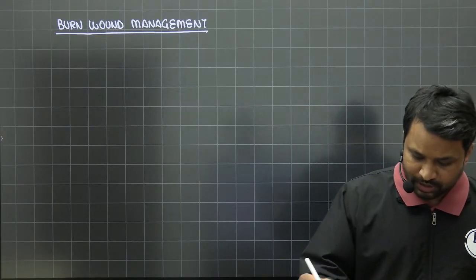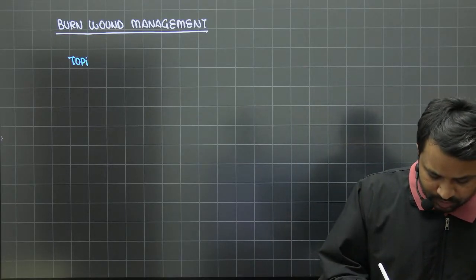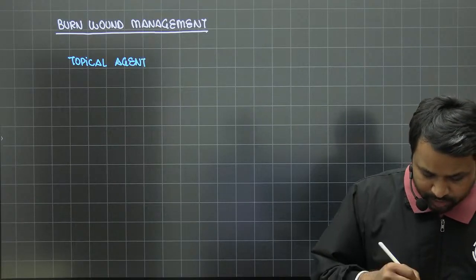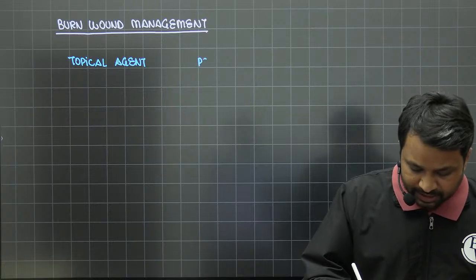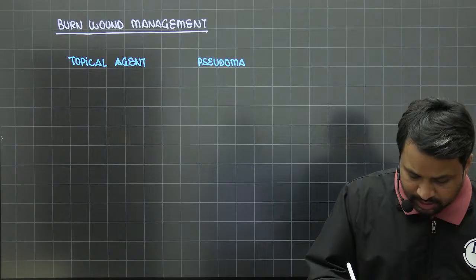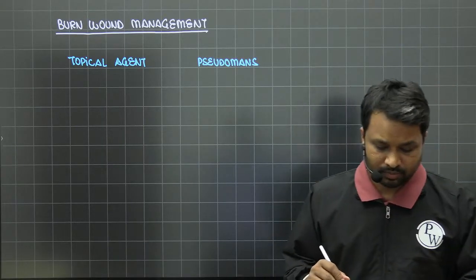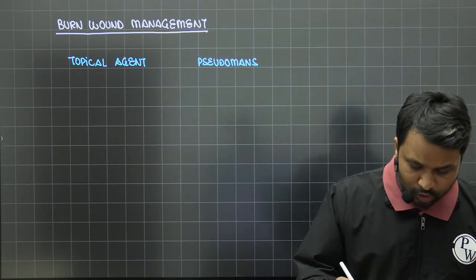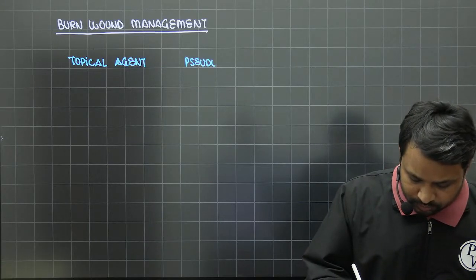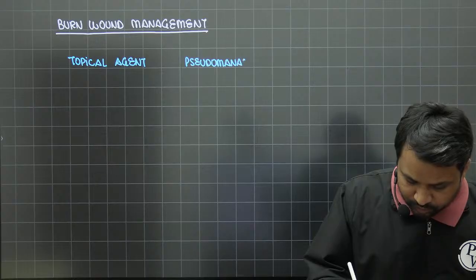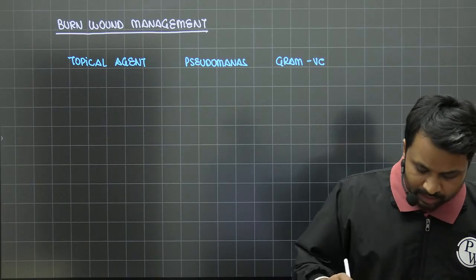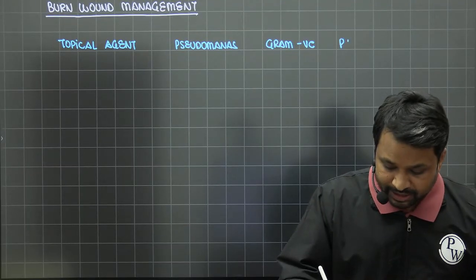So whenever I'm choosing a topical agent for burns, I will see its effectiveness against Pseudomonas. Pseudomonas is the most common organism responsible for burn wound infection. Then we look for effectiveness against gram-negative bacteria, and its ability to penetrate eschar.